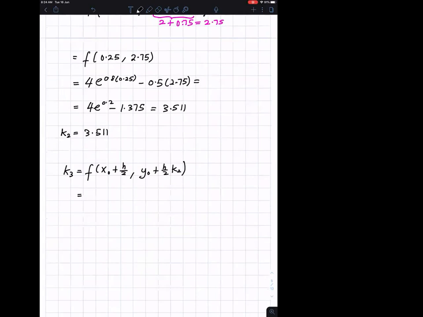The initial point is 0 plus 0.25, and y naught is 2 plus h over 2, which is 0.25, times K2, which we just calculated to be 3.511.